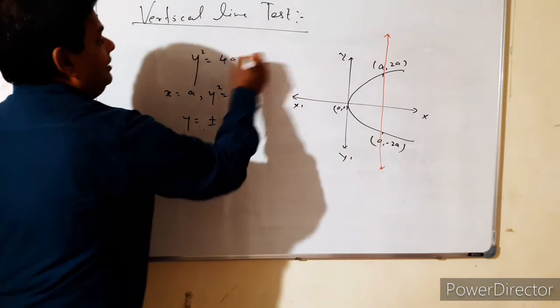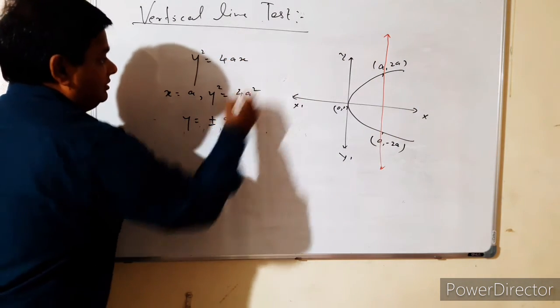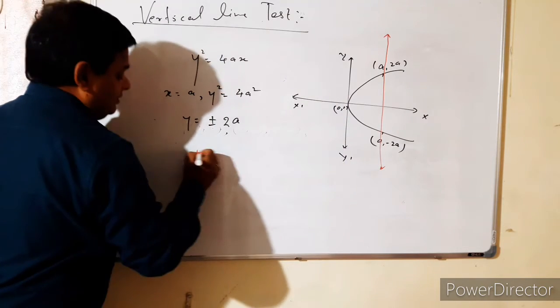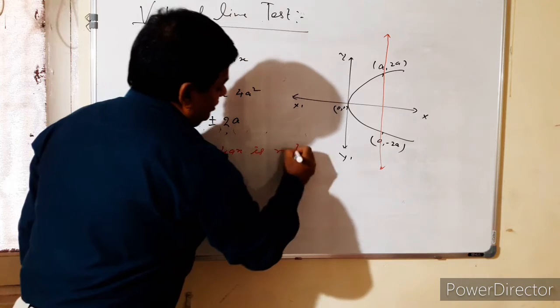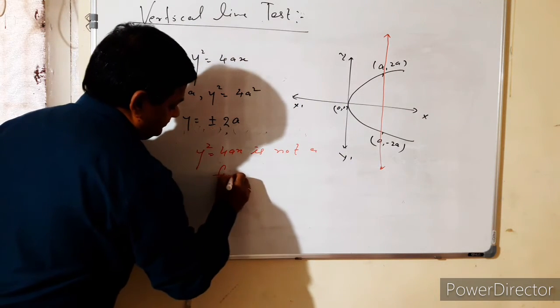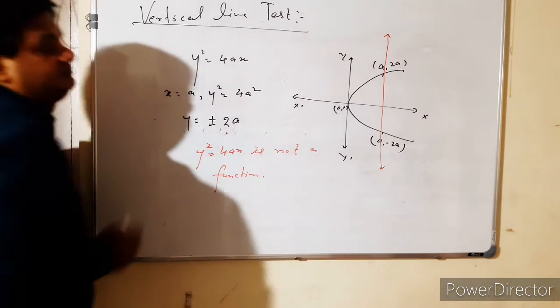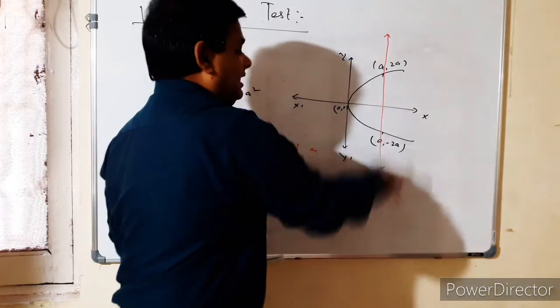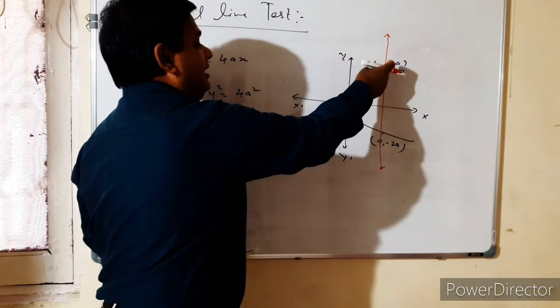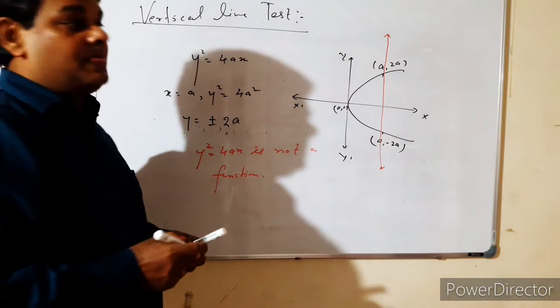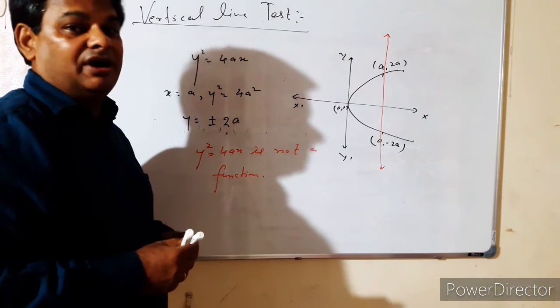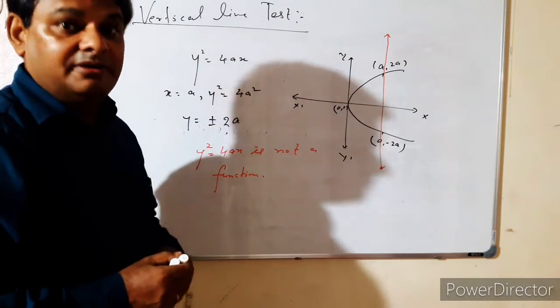So y square equal to 4ax is not a function, because the vertical line intersects at 2 points. If it intersects at 2 or more points, then it is not a function.